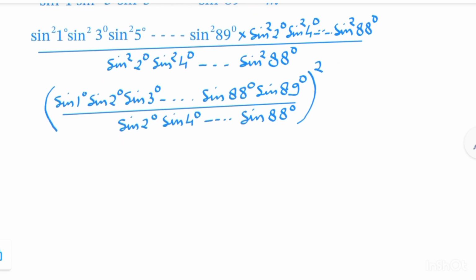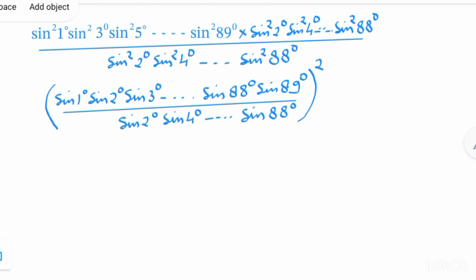Now we will make pairs. So we will pair sine 1 degree with sine 89 degree, and sine 2 degree with sine 88 degree.